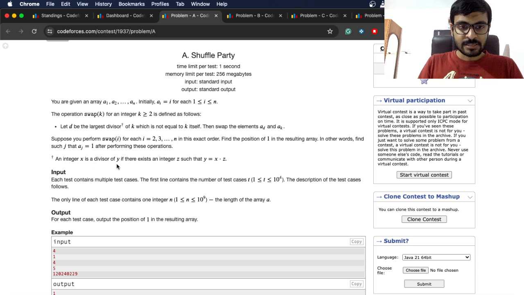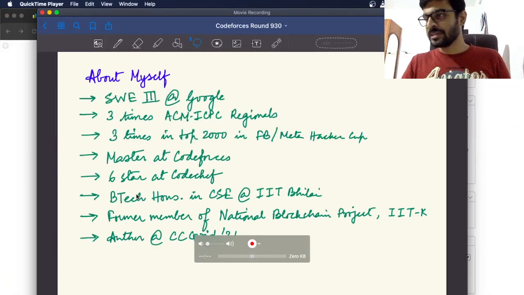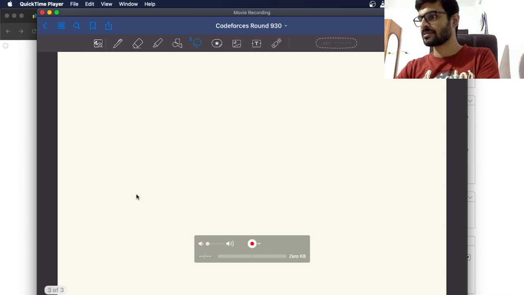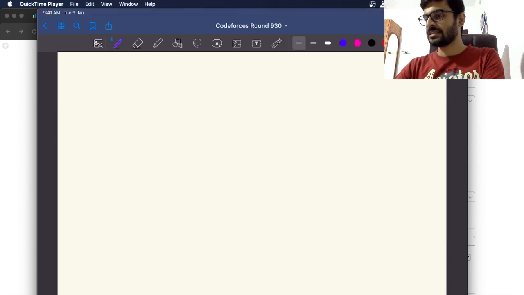An integer x is a divisor of y if there exists an integer z such that, okay, this is the divisor definition. So let us see what this means. Problem A tells me that let's say our n is equal to 10.